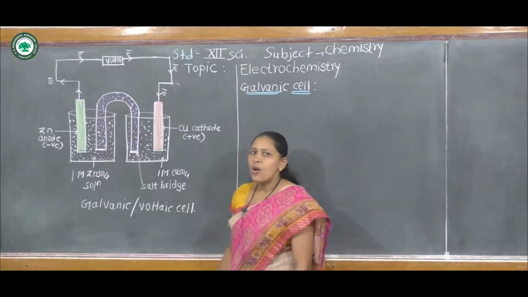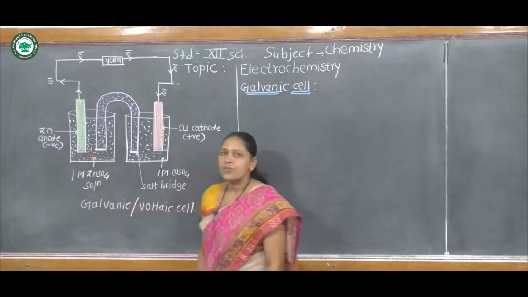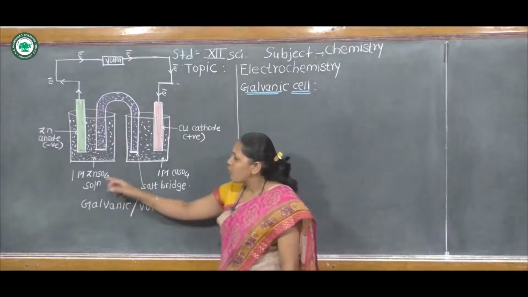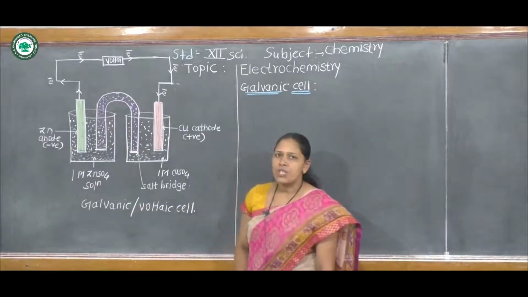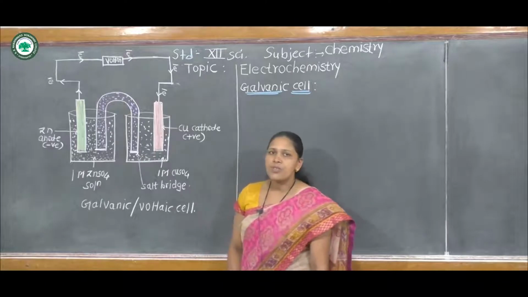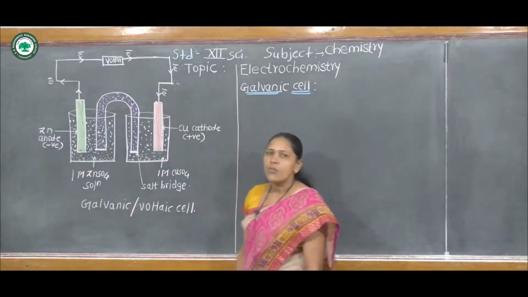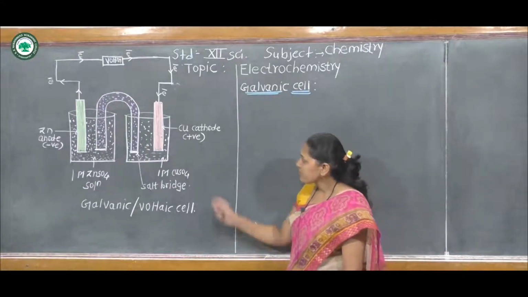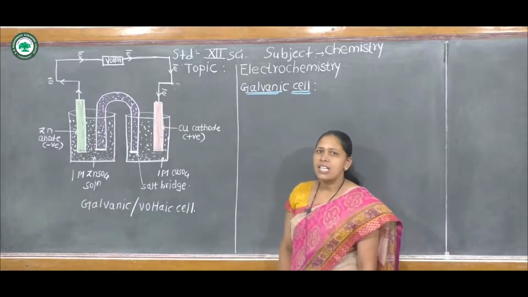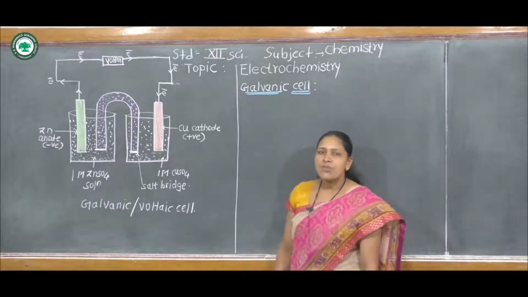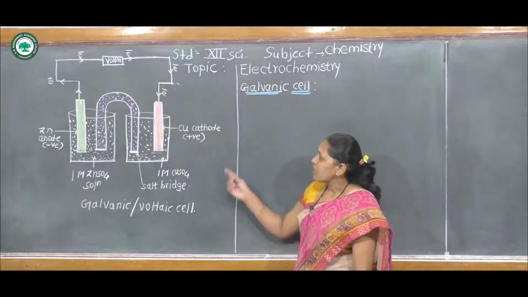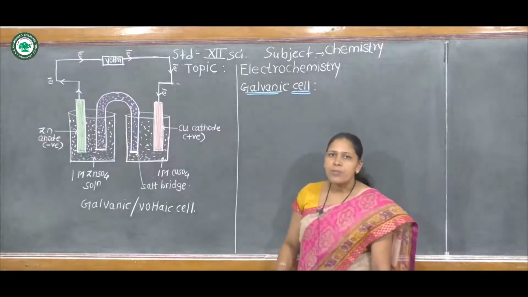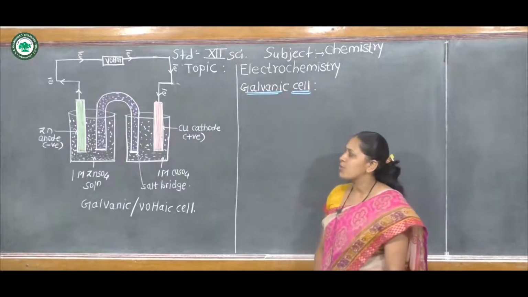One half cell consists of a zinc anode, which is dipped in a 1 molar zinc sulfate solution, which contains Zn2+ ions. The second half cell consists of a copper electrode, which acts as a cathode, the positive electrode. The copper electrode is dipped in a 1 molar solution of copper sulfate, which contains Cu2+ ions.